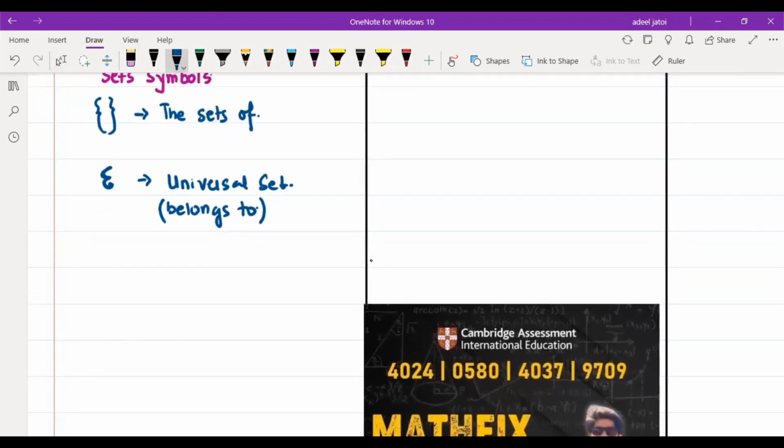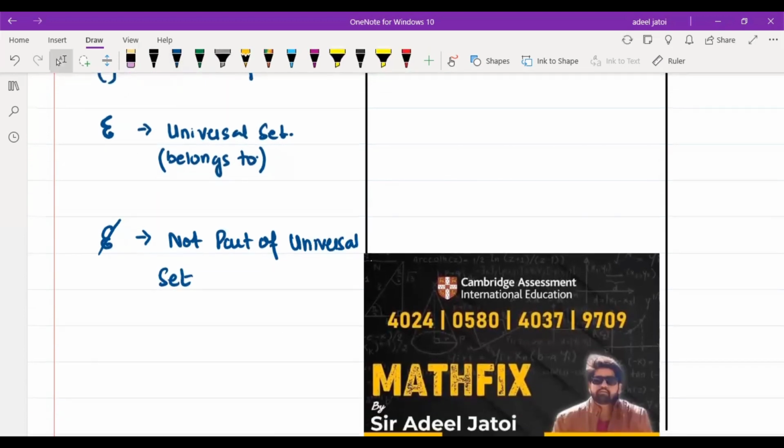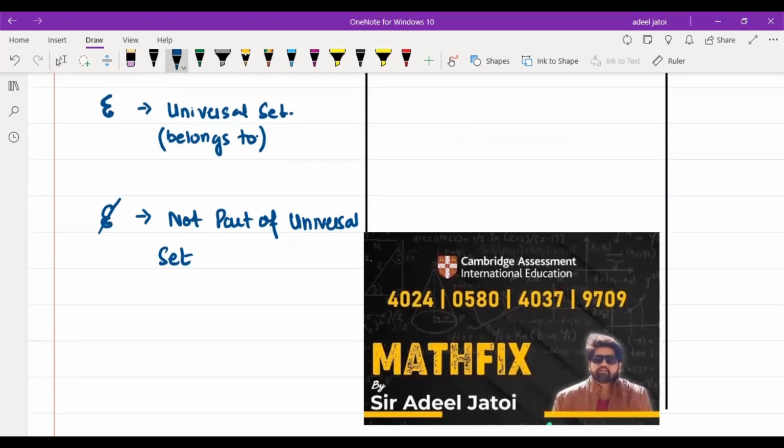If we say not part of the universal set, this will represent not part of the universal set.